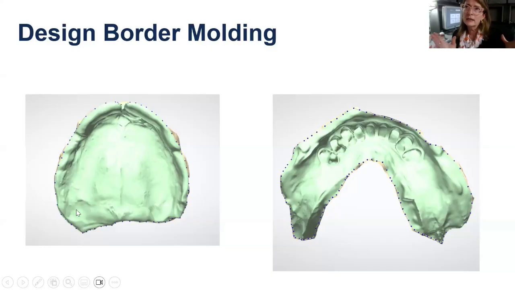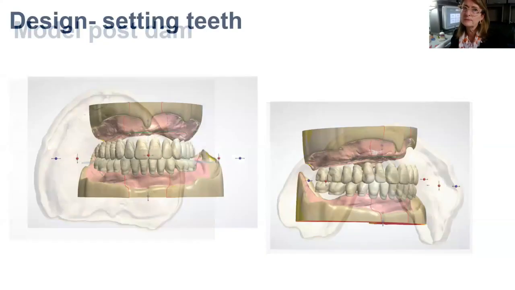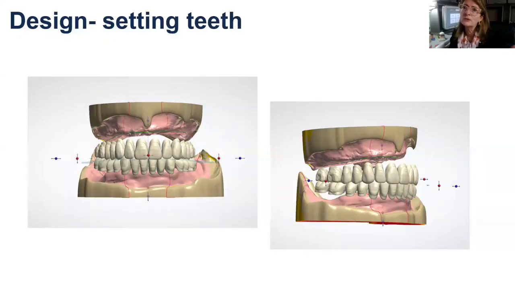So you've heard of marking a margin. They're marking the border for your dentures here. And then it is converted into a virtual model, if you will. Notice on the maxillary, the butterfly post-dam is put into place. And then they begin to set the teeth.